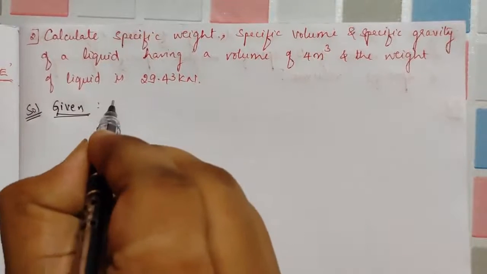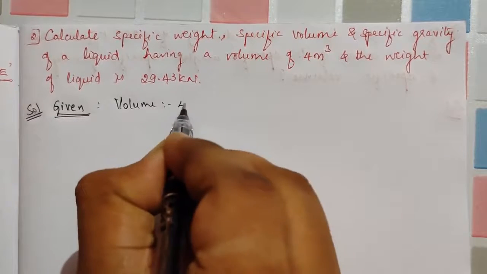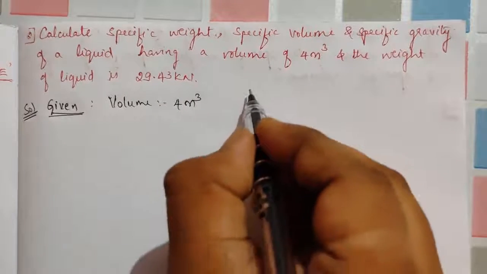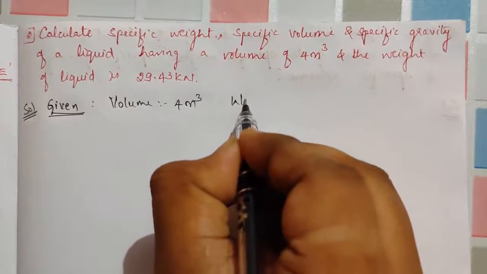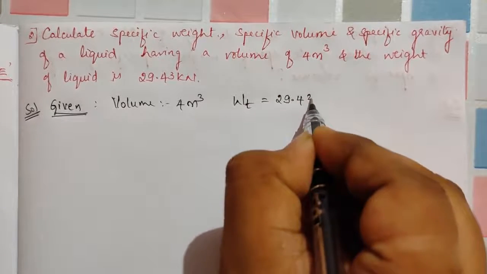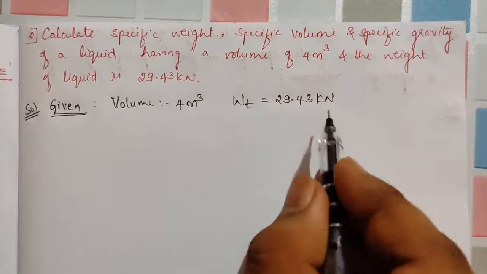So volume is given, 4 meter cube, directly they have given, and also the weight of liquid, 29.43 kilonewton. It is not Newton, it is kilonewton.